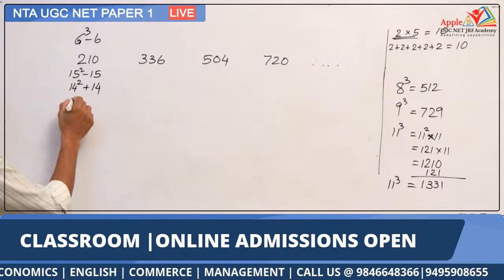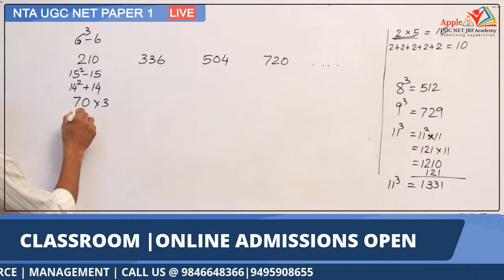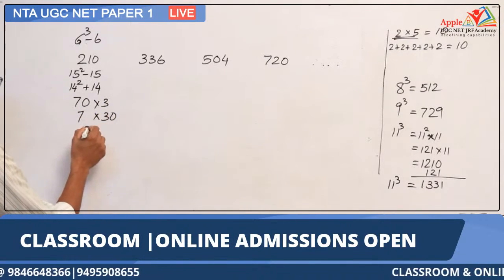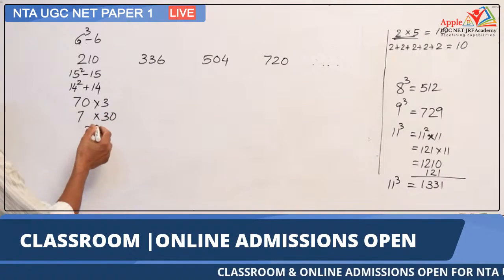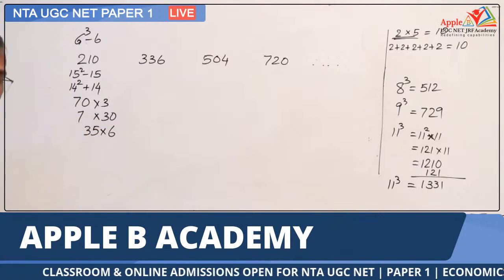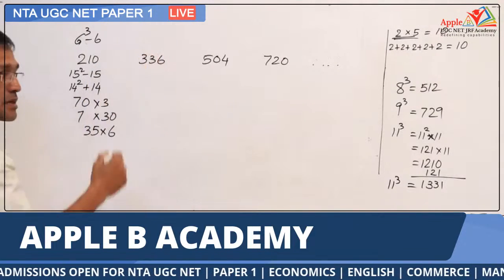At the same time, we know that 70 into 3 is 210, or 7 into 30 is 210, or 35 into 6. Different ways of expressing it.